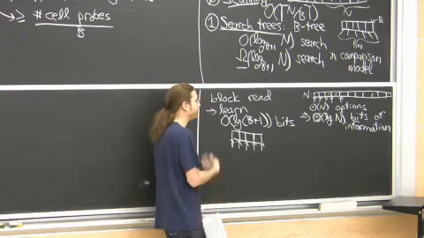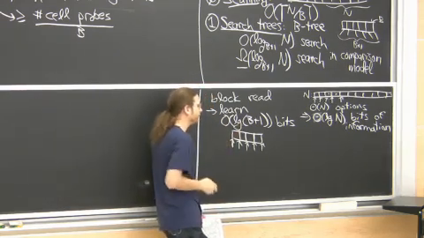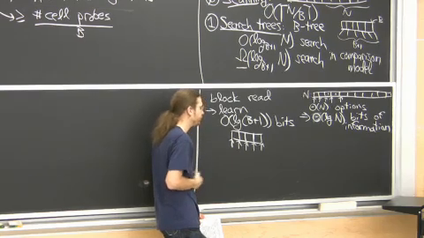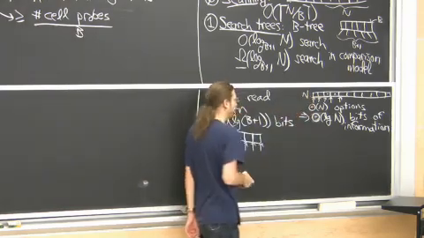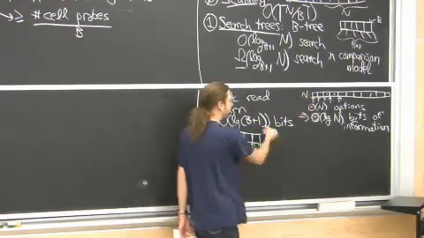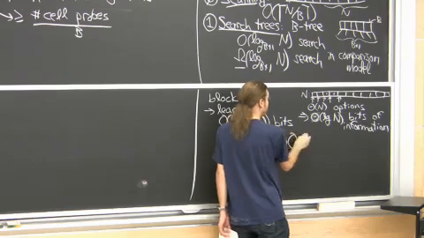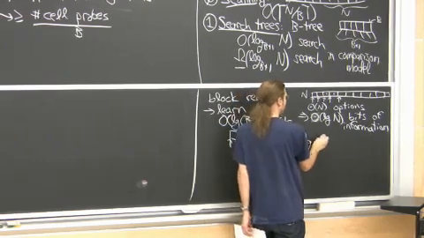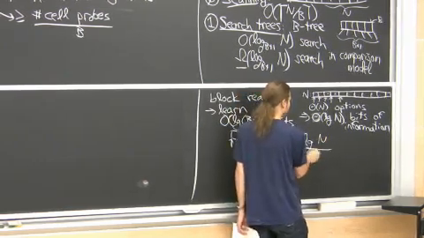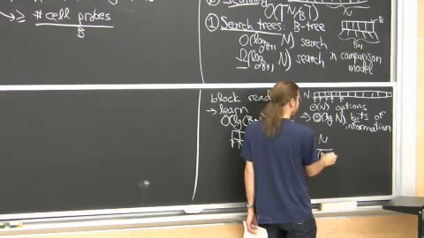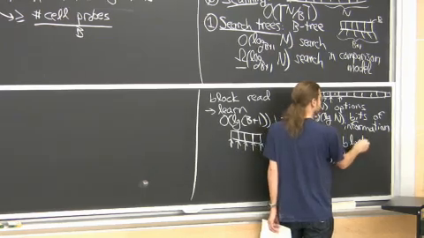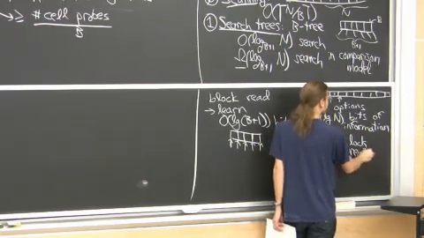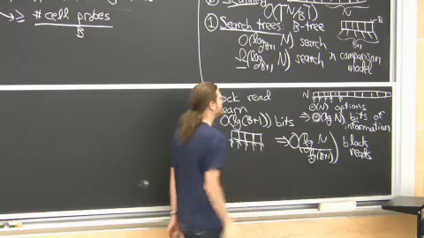In the best case, that is log of b plus 1 bits of information. It could be worse if these are not well distributed among your n items. It's at most that. And so you take the ratio, and you need log n over log b plus 1 block reads. And that's log base b plus 1 of n.